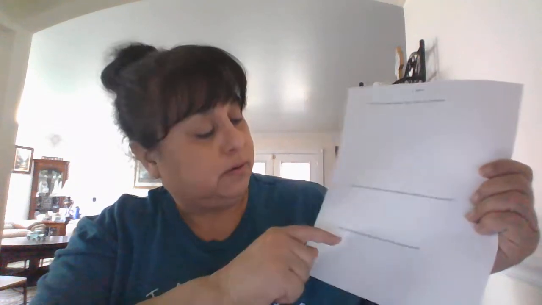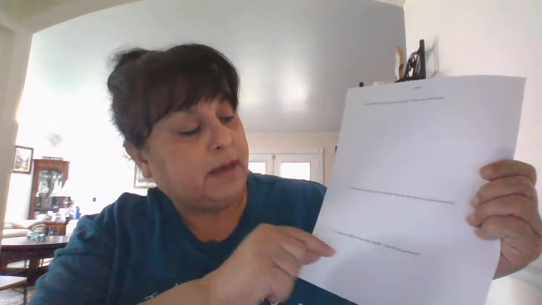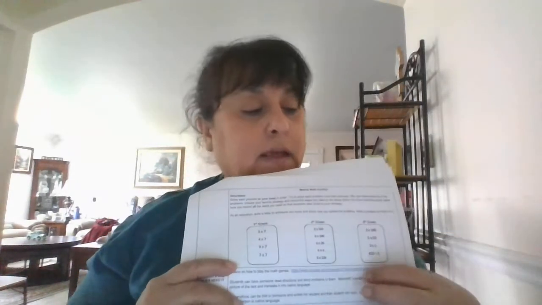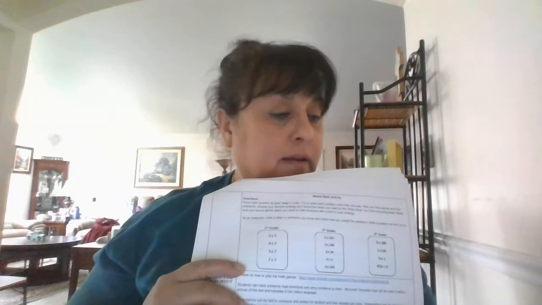Why do you think you were successful? And if you weren't successful, you can say that too. What was difficult about this activity? How did you persevere? And like I said, at the end of the math there is a link that shows you all the different games that there are, but I'll try to add those links on for you.